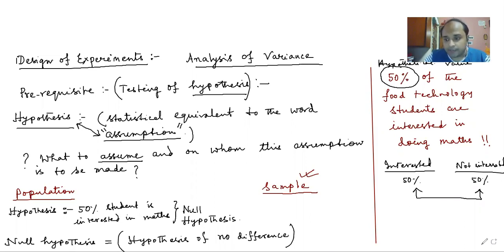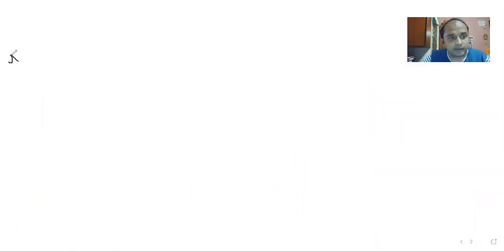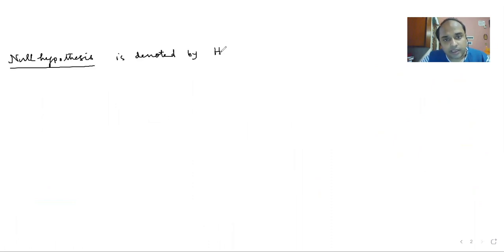The null hypothesis is denoted by the term H0. Why is it 0? 0 stands for basic. In a classical system there are two things: one is called switch on and another is called switch off.